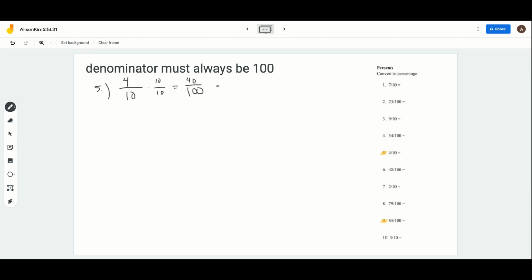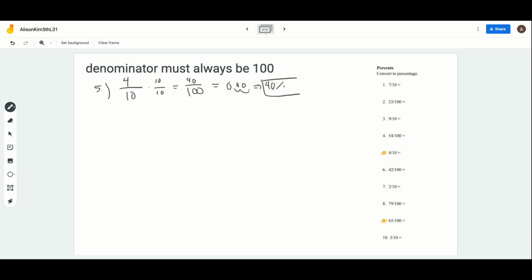And 40 over 100 is the same thing as 0.40, because the 40 takes the place of the hundredths place for the decimals, and when it's in decimal form, we just move it to the right twice. So we go 1, 2, and that's where the decimal is going to be, and 4 over 10 as a percent is going to be 40%.